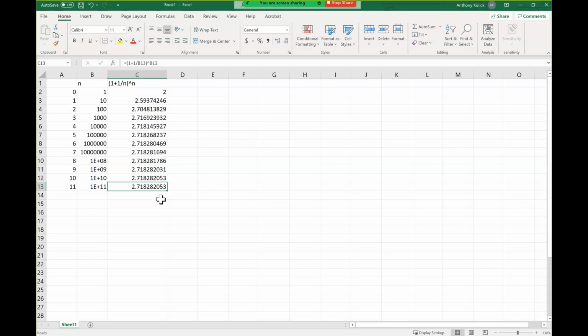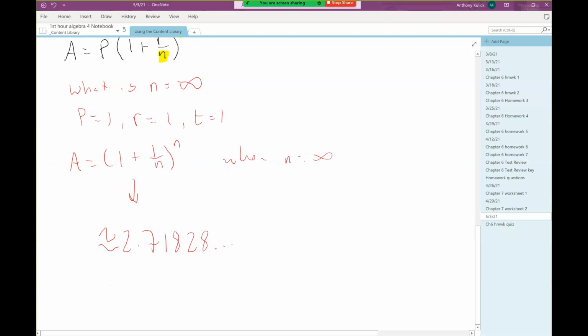There's a pattern to it, right? Do we see a pattern in this decimal? So what do we call those numbers that go on forever and have no pattern? Those are irrational numbers. And we're going to give this particular irrational number a name. We're going to call it e.